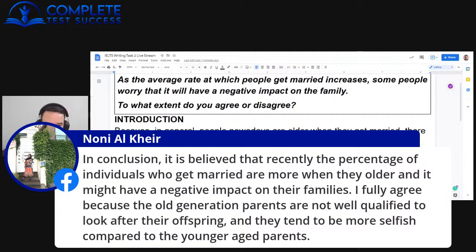I fully agree, because older parents are not well qualified to look after their offspring, and they tend to be more selfish compared to younger age parents." So just keep it simple. Sorry, I had my cursor blocking the word. Okay, so what Noni has in this conclusion is basically everything you need in a conclusion.